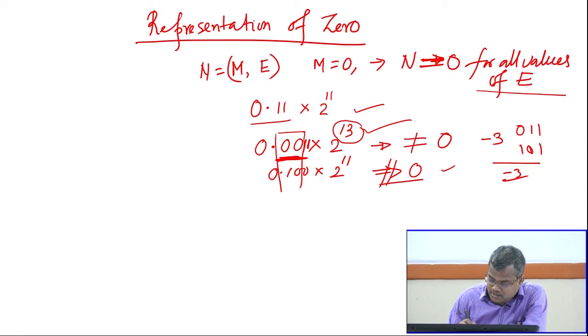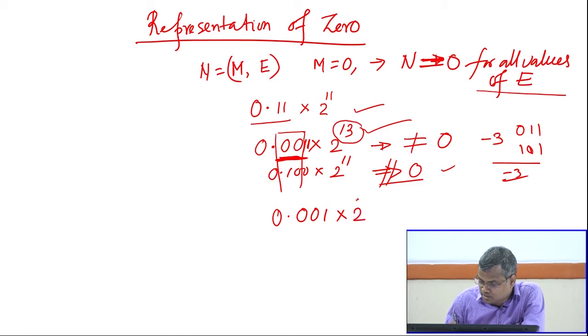Now you got a result 0.001 into 2 to the power -3. You cannot normalize this number, because if you normalize it the exponent should be -4, but it cannot be accommodated into -4 or -5, because you have only 3 bits for representing the number and 1 is the sign bit.